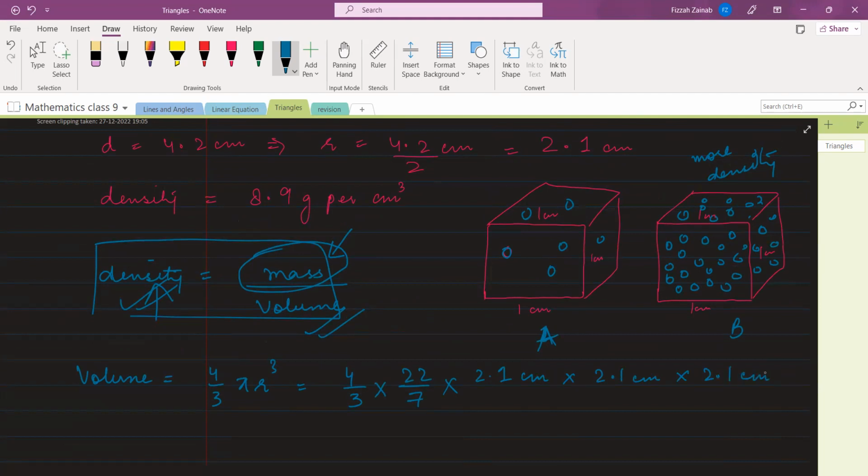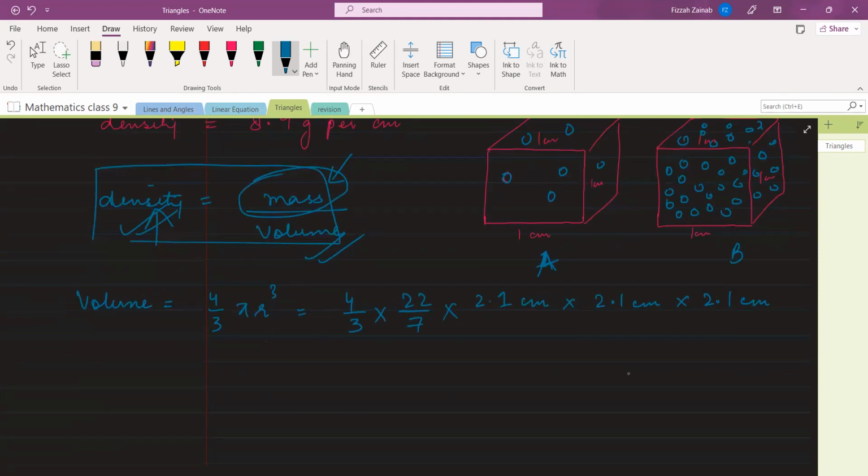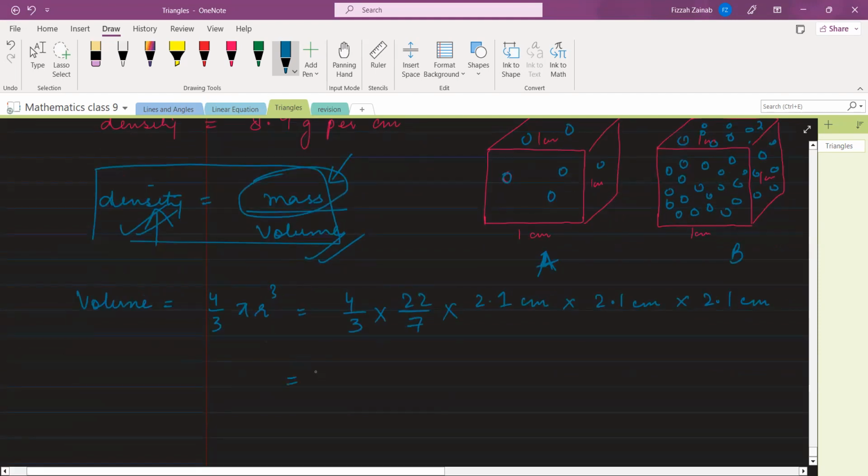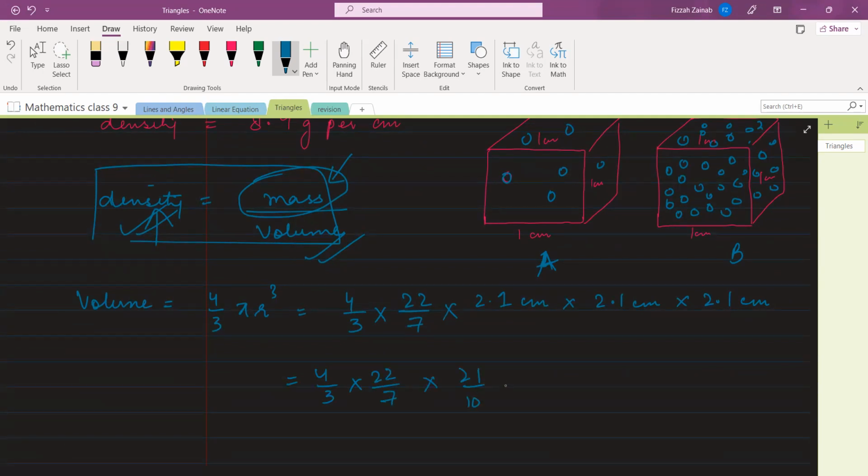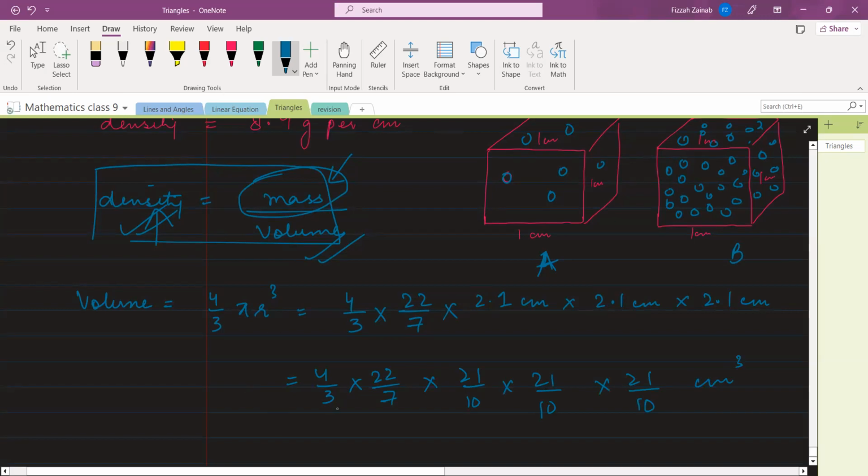So first step, remove the decimal. 4 upon 3 into 22 upon 7 into 21 by 10 into 21 by 10 into 21 by 10 centimeter cube, right? Now you can cut a little bit.